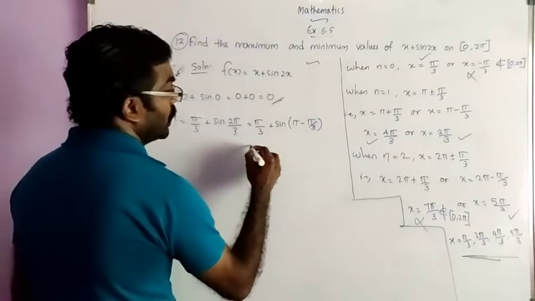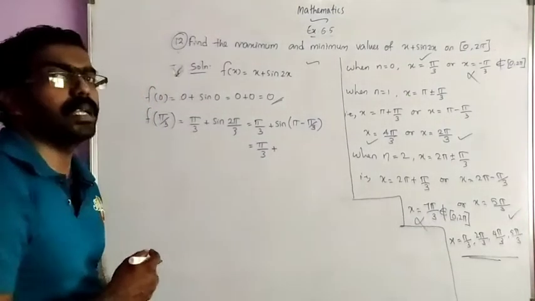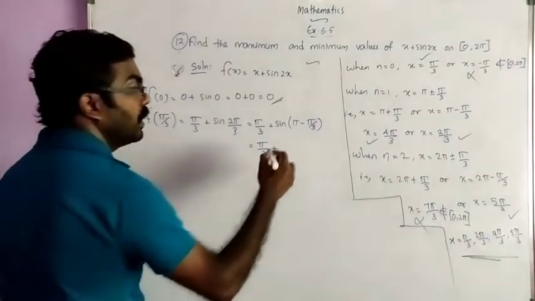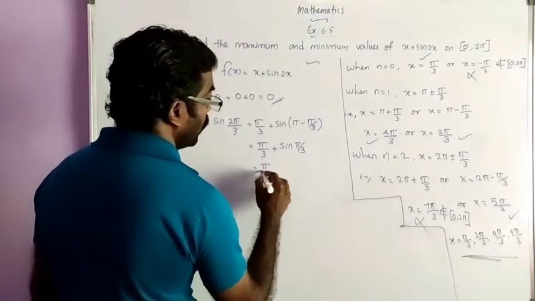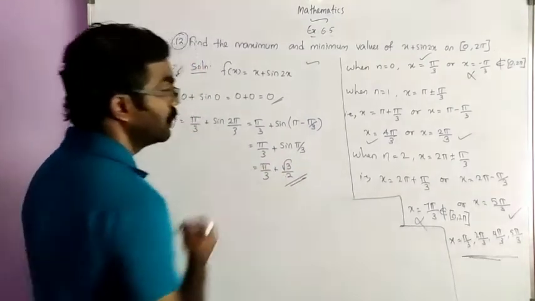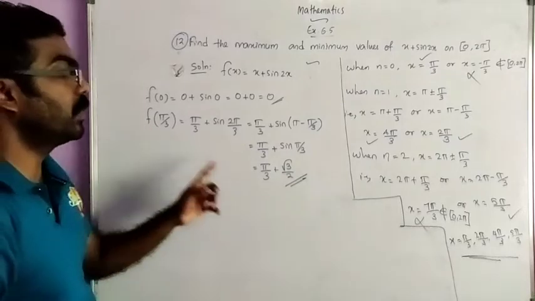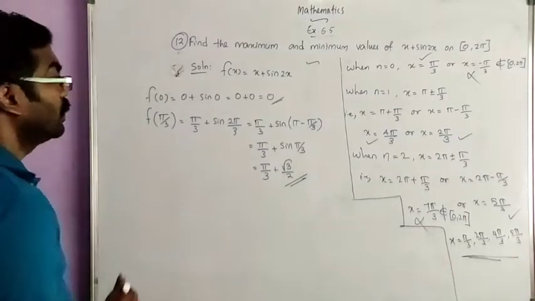It is equal to pi by 3 plus sine pi minus theta. Sine pi minus theta is sine theta. So sine pi by 3, which is equal to pi by 3 plus sine pi by 3 value, root 3 by 2. So f of pi by 3 is pi by 3 plus root 3 by 2.